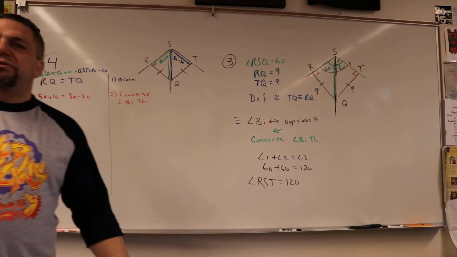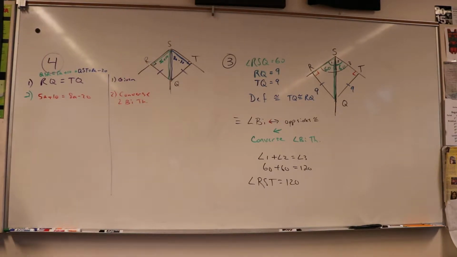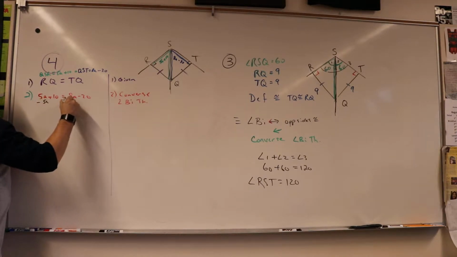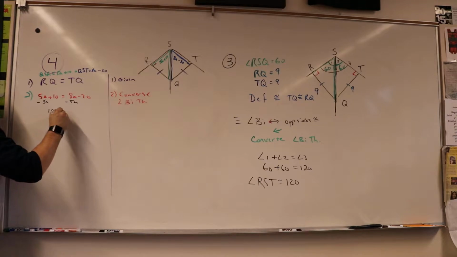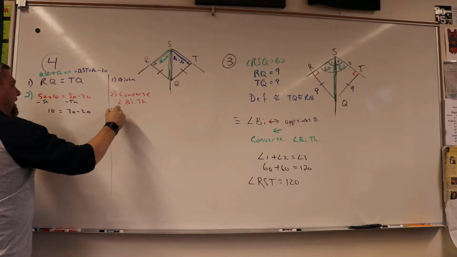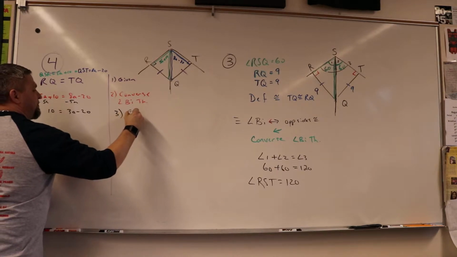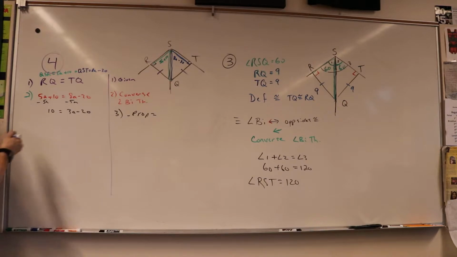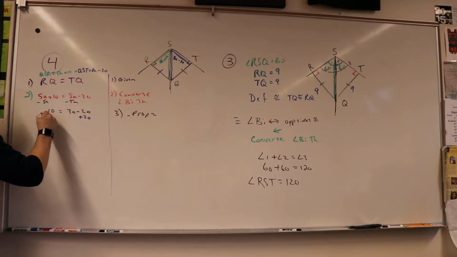And now we're just going to do the basic stuff. Move the lowest variable. Minus 5A, minus 5A. So we get 10 is equal to 3A minus 20. And that's the subtraction property of equality. Okay? And then it's plus 20, plus 20.